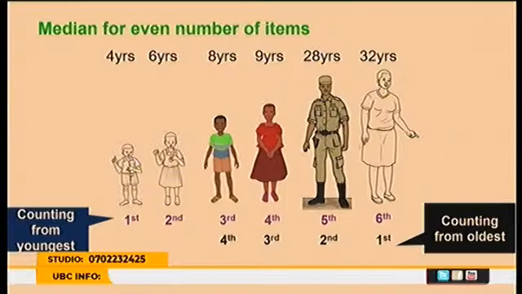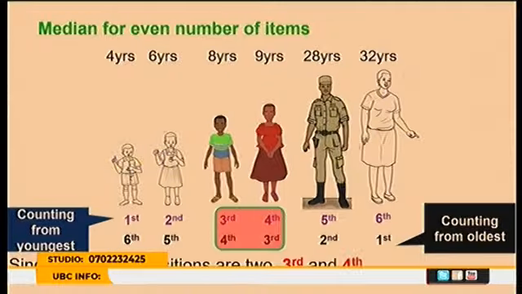The member who is 8 years is in the fourth position. The member who is 6 years is in the fifth position. The youngest is in the sixth position. So depending on the order you have used, you can have our members arranged in that order.